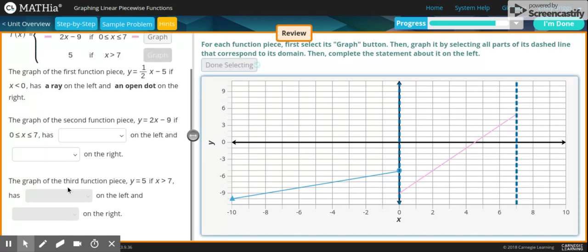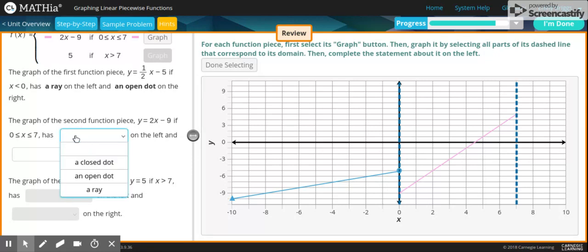After that, the graph of the second function piece, y equals 2x minus 9, if x is greater than or equal to 0 and less than or equal to 7.